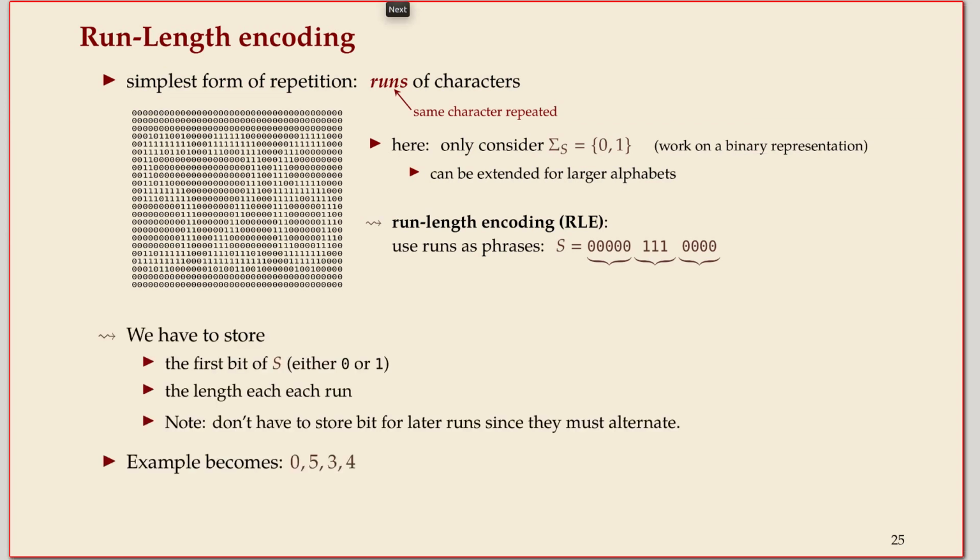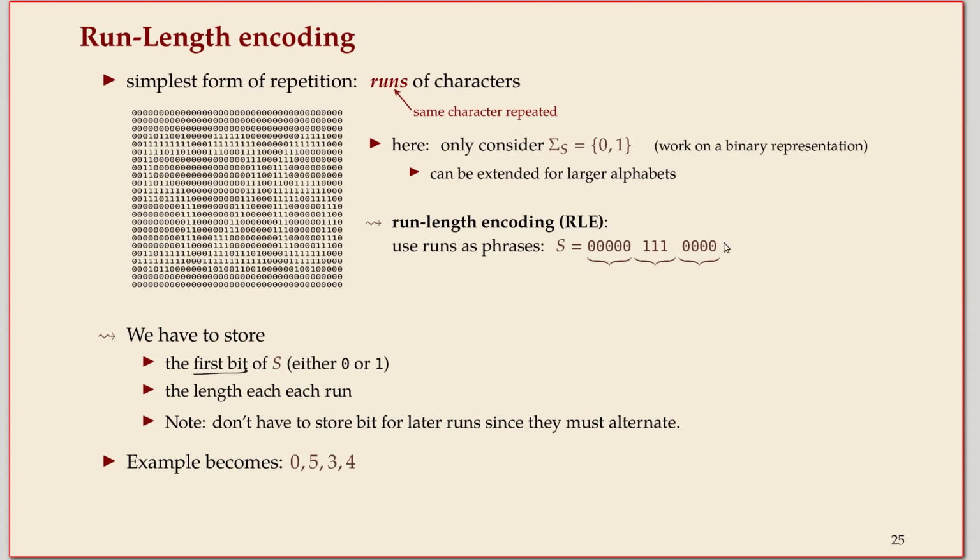How should we compress those? A simple way to do it for binary source text is as follows. We store the first bit of S, that could be either 0 or 1, and then for each of the consecutive phrases we store only the length. Because for the first phrase we have explicitly stored which bit it's repeating, and for every other we know it's just the opposite of the previous one.